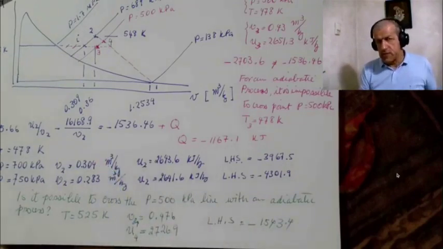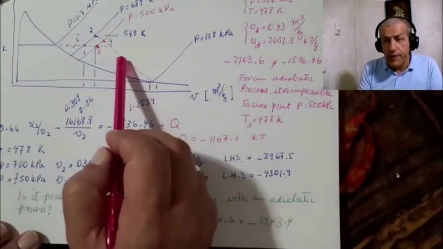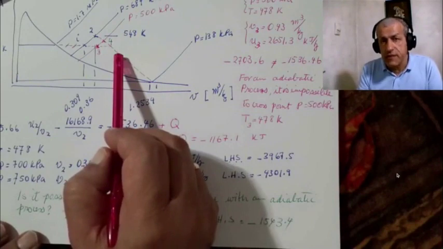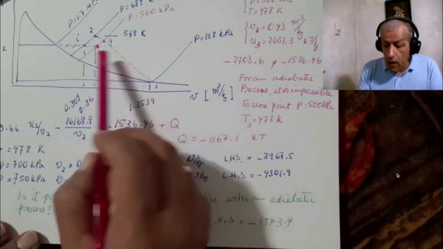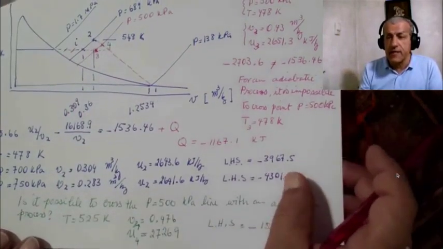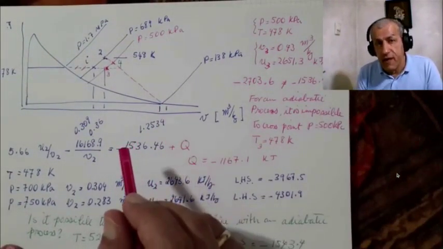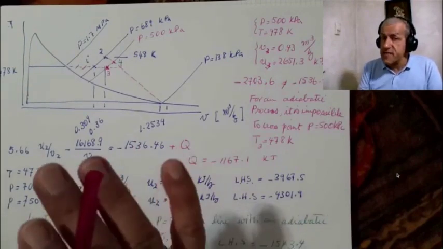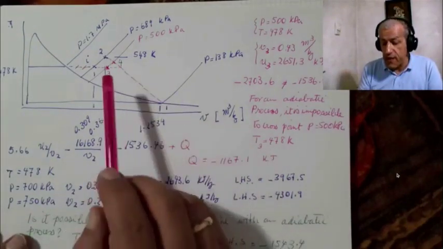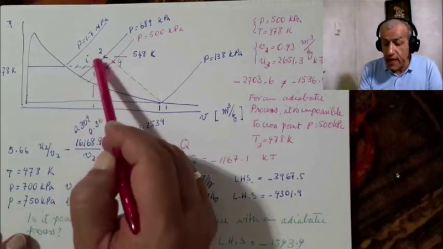So as you see, all points on this line are possible for an adiabatic process. All points under this P equals 689 kilopascal pressure line are possible, but with some heat transfer. We should have some heat transfer to end up on a point underneath this line.